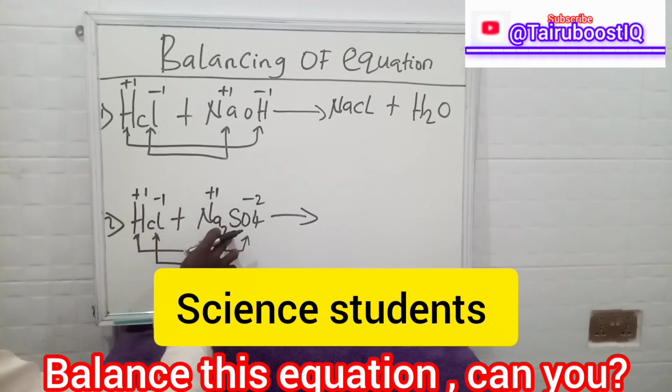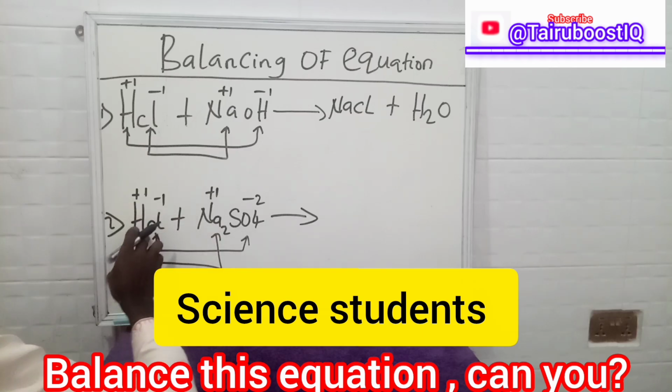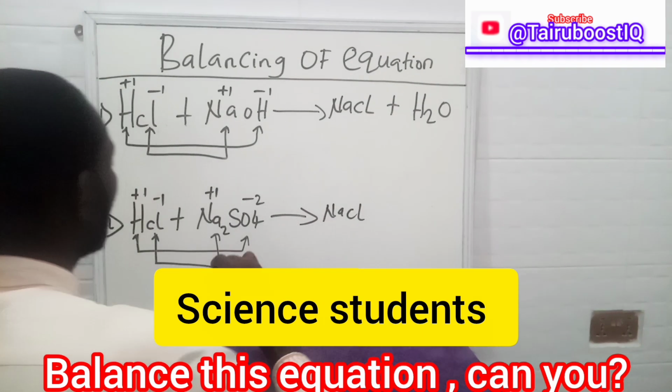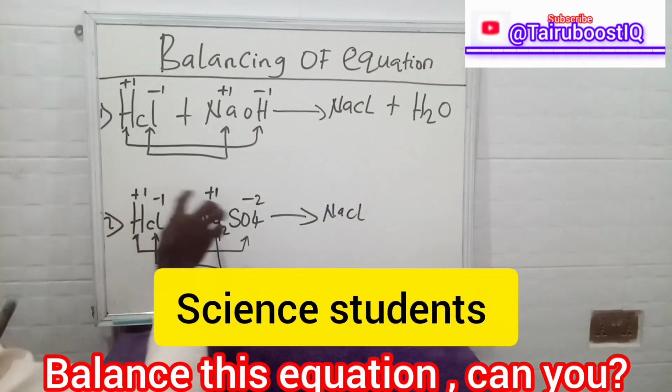The 2 here in this word sodium tetraoxosulfate(VI) belongs to the sodium. But when you combine sodium and chlorine, you are going to have sodium chloride. The reason is that both of them have positive and negative, so they will cancel each other.